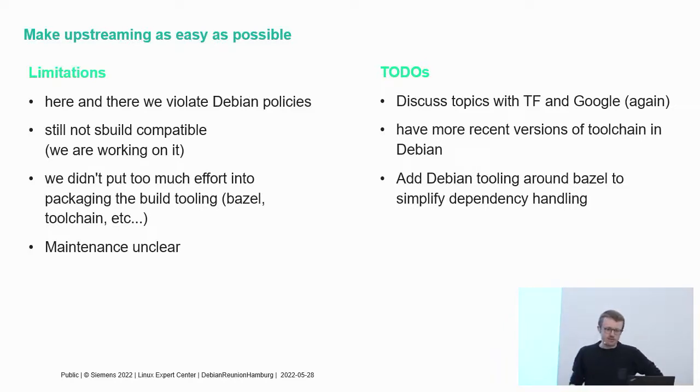Then we want to have a more recent build toolchain in Debian, as the Bazel infrastructure in Debian is quite outdated, so that would have to be improved to move forward with the packaging. And also to add some deb helper tooling to simplify all the things we do there, because now we have to do it for each package that uses Bazel, and this creates huge rules files. It would be better to have infrastructure for that.